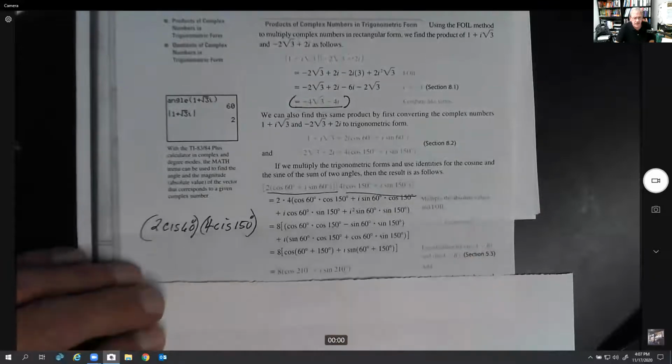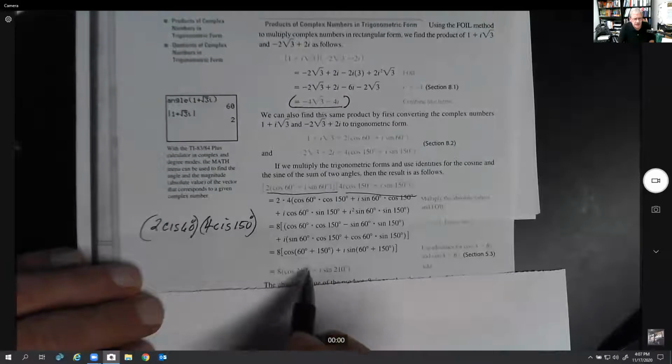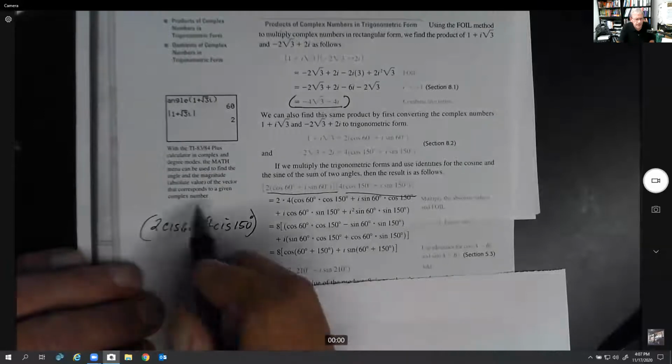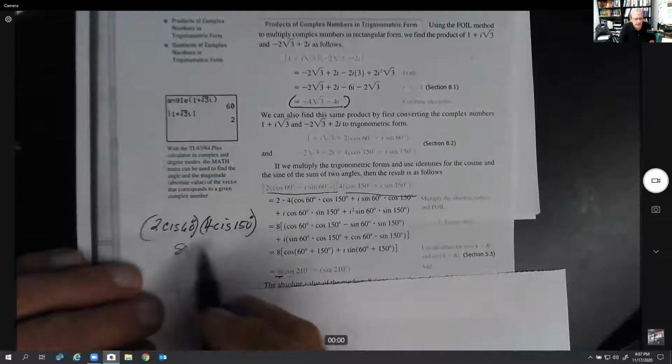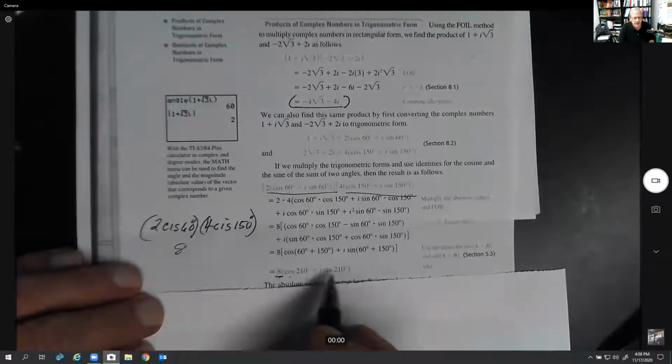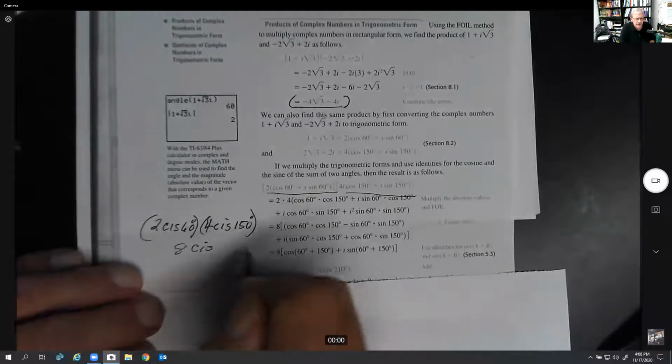But look at the answer they got when they got through. Can you see any relationship to this answer? First of all, we got this 8. 2 times 4 is 8. And then they got cosine 210, i sine 210. Well, that would be cis 210, right?